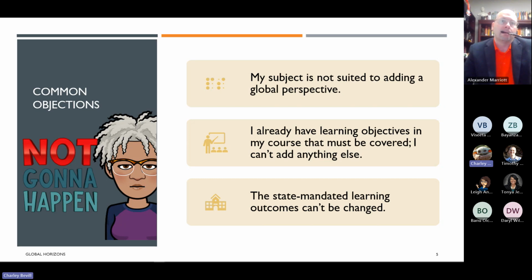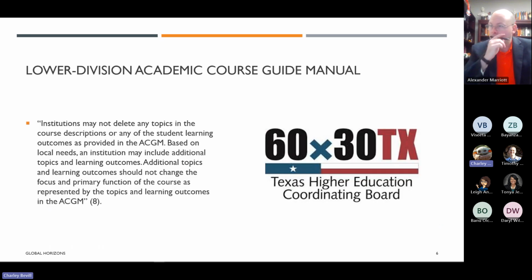Then the state mandated learning outcomes can't be changed. Well, that is true. You cannot change them. You can, however, add to them. So what you could do is add student learning outcomes that are global learning outcomes.